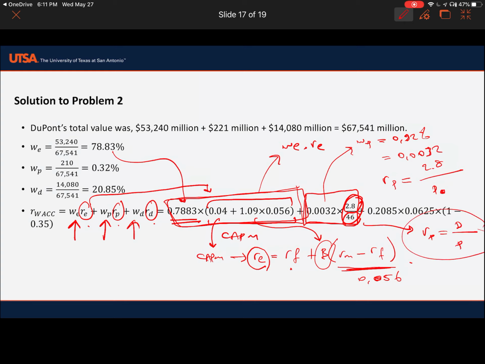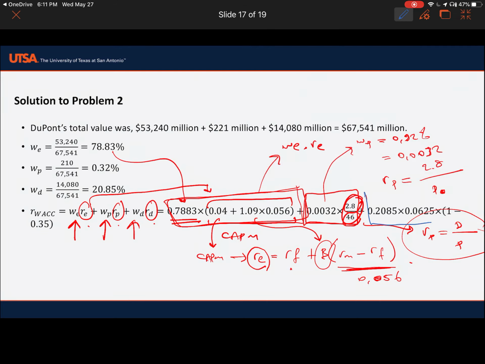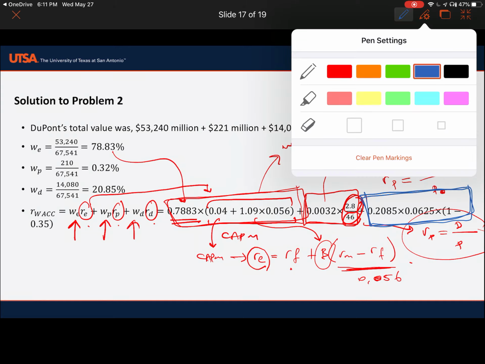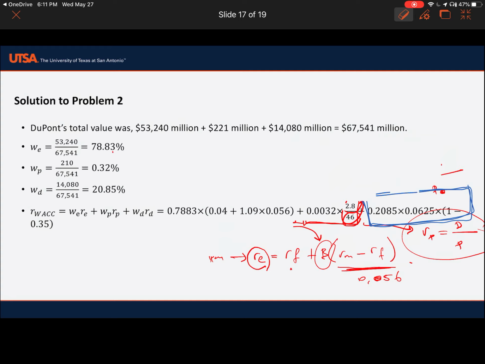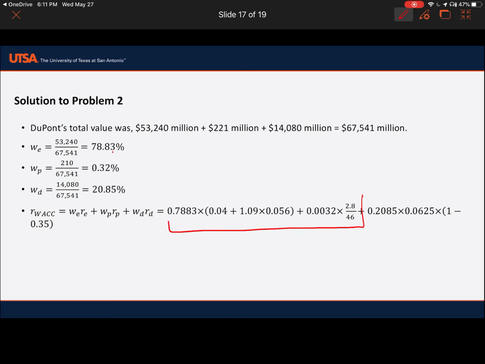And the last part here, I will use a different color, is the debt calculation, right? Let me clean this mess. Okay, now we calculate. We already understand this part. This is equity multiplied by this. This is the weight of preferred stock multiplied by cost of preferred stock here.